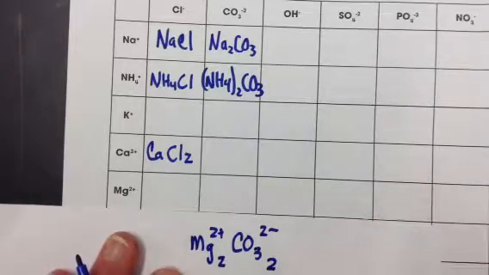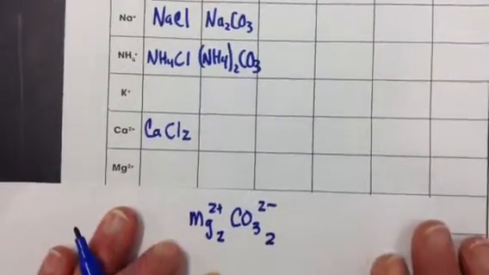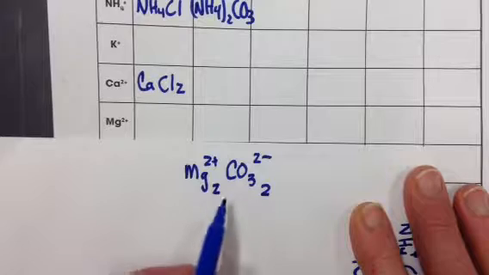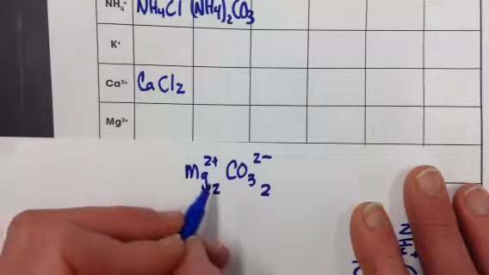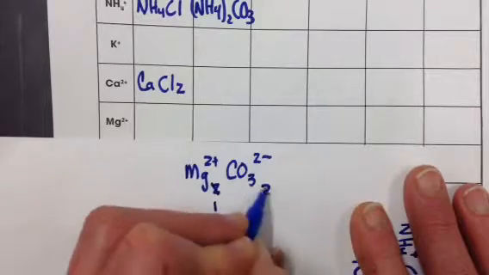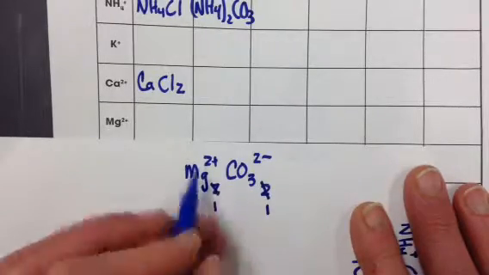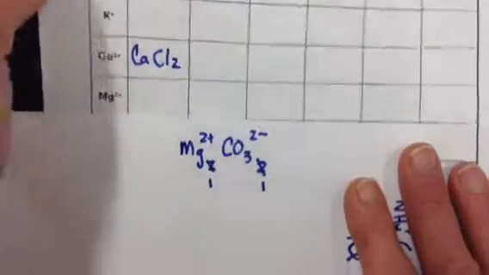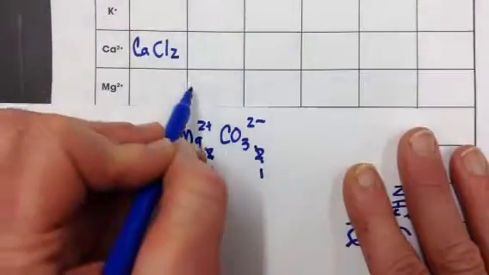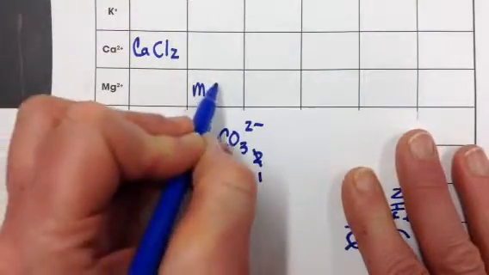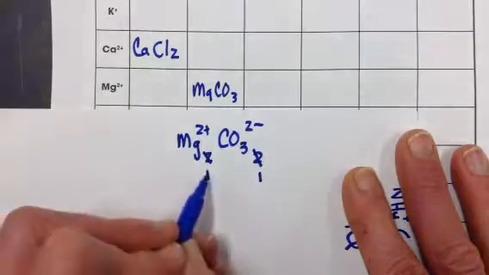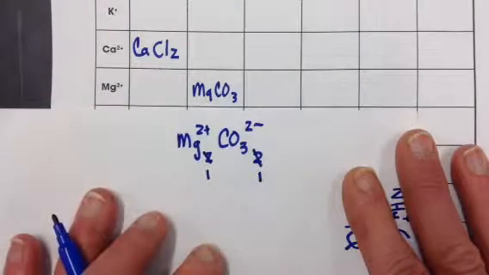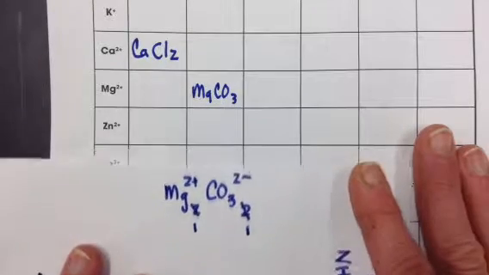And now I need to make sure we're looking for the lowest ratio. There's a number that will go into both of these. 2 goes into 2 once, 2 goes into 2 once. And now we're going to clean this whole thing up. We're going to write MgCO3. We don't write the charges and we don't write ones, and that is our lowest ratio.